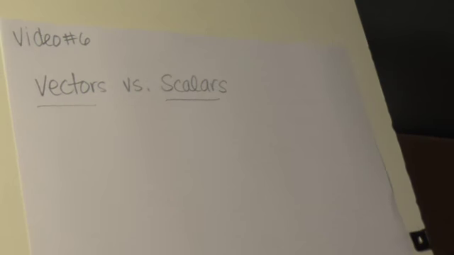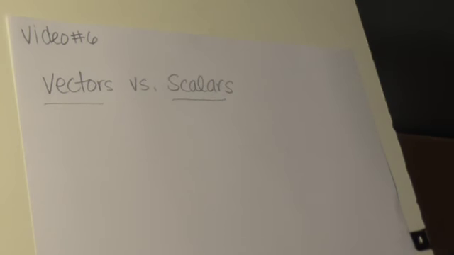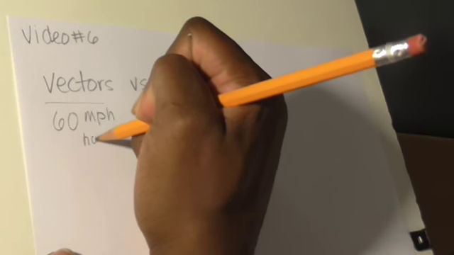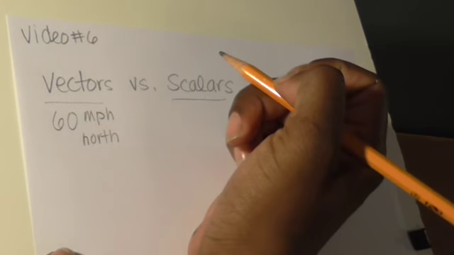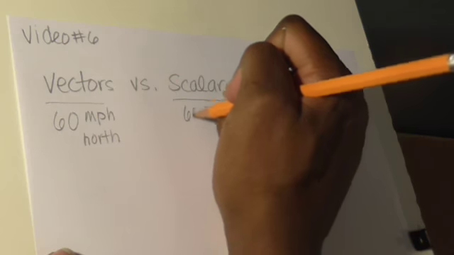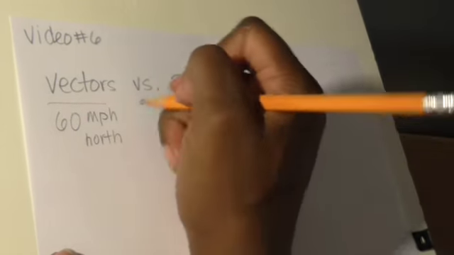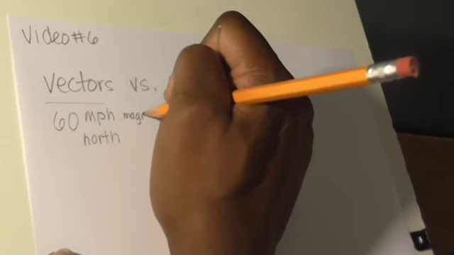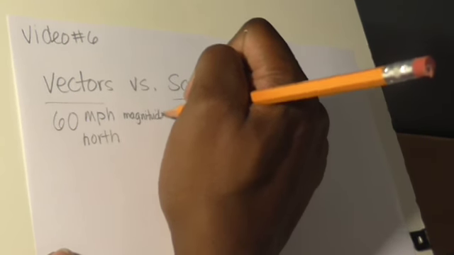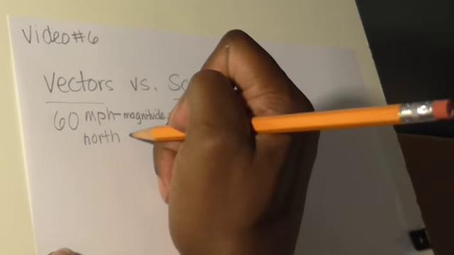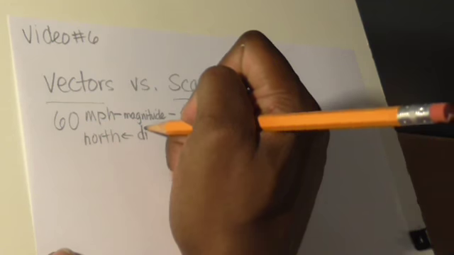So if I'm saying I drove 60 miles per hour north, that's a vector, versus 60 miles per hour. That's a scalar. Both of these have magnitude, which is the number part. But this is direction.